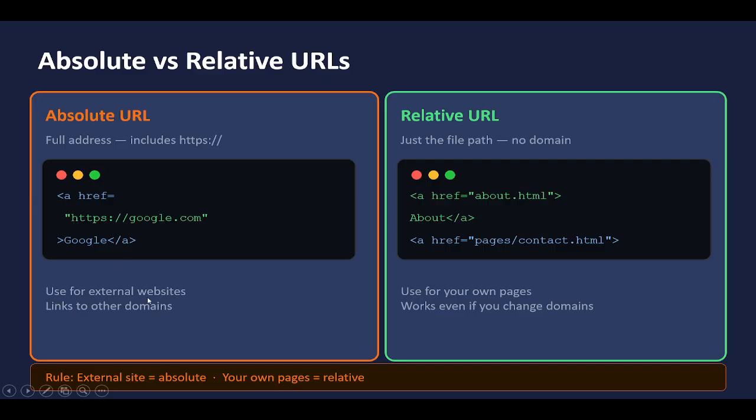Most of the time we use it for external websites to link other domains. In relative, it can be present in the same folder or in subsequent folders, so you can simply use the name of that HTML file, that is enough, and there is no need of giving the complete address. That's what we call a relative URL.